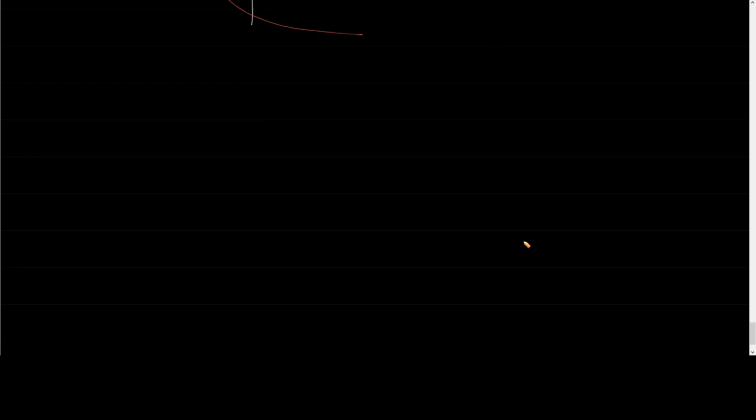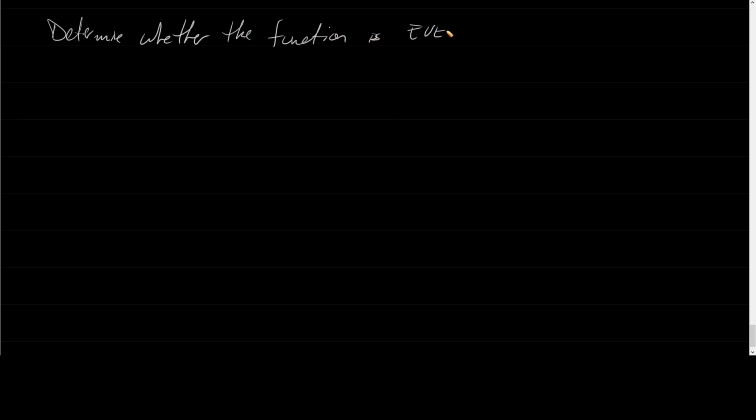So that was graphically how we can tell something is an odd or an even function. But how will we find it algebraically? Determine whether the function is even, odd, or neither.